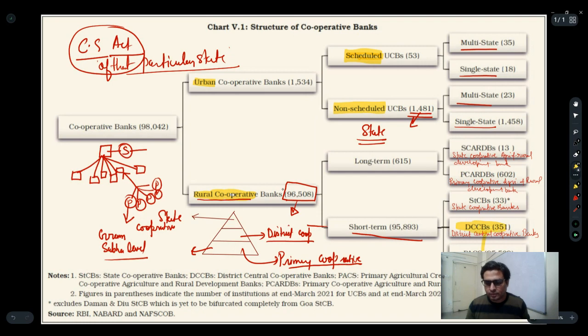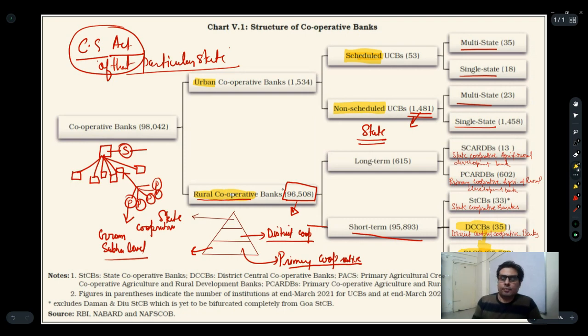They supervise the function of primary cooperative societies, but at the same time they also fund larger schemes for agriculture purposes, right? So they also fund, but primarily they supervise the functioning of the primary cooperative societies.